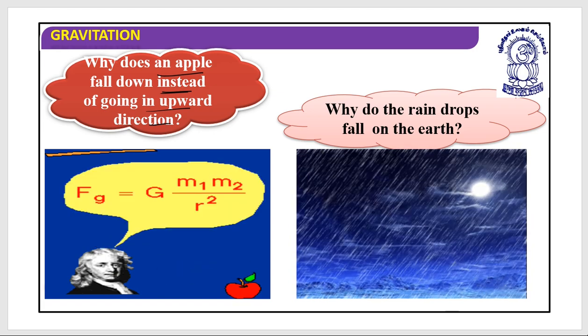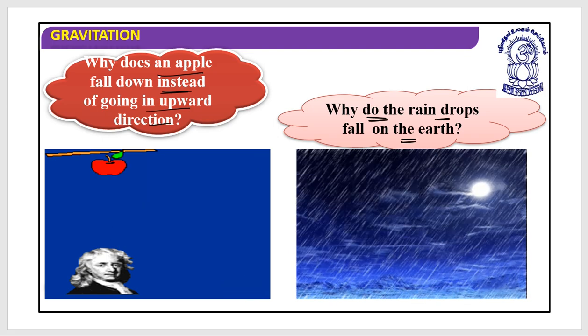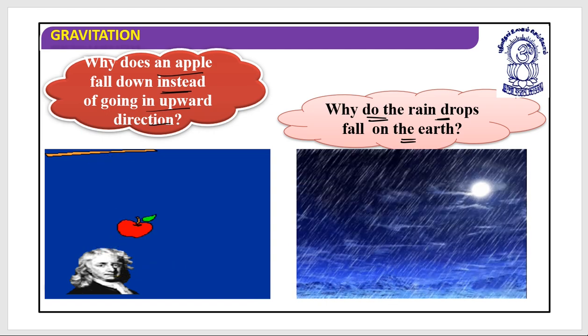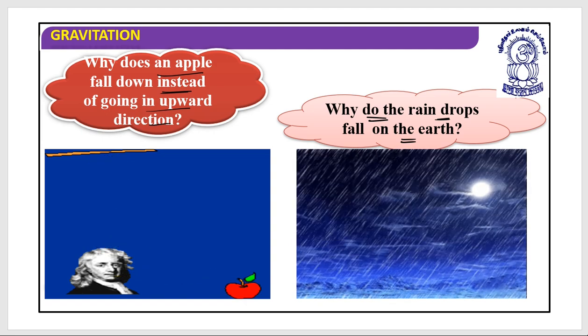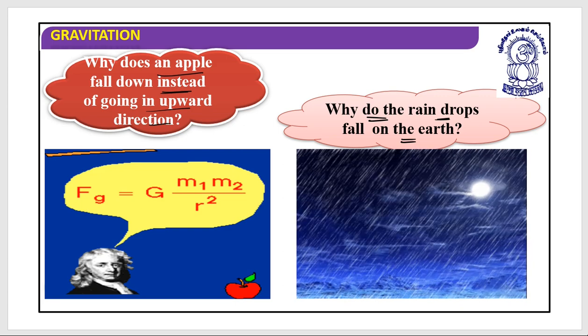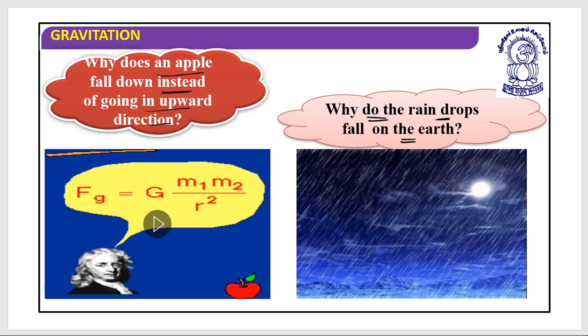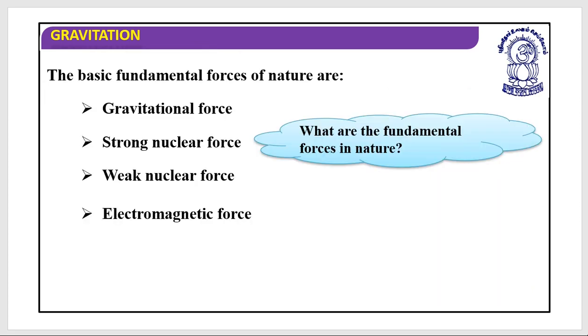Another question: why do raindrops fall on the earth? All these questions have an answer in gravitation. We understand that a certain force is acting which makes these things move down. So let's discuss from the very basics.